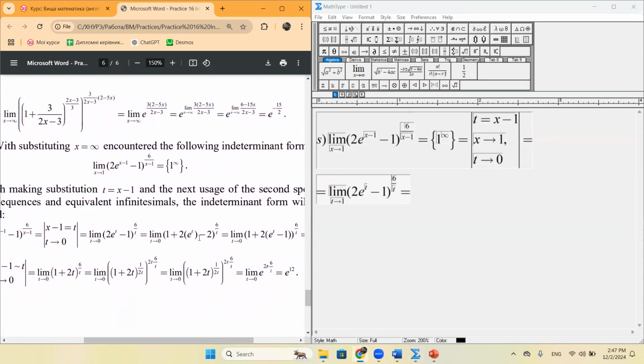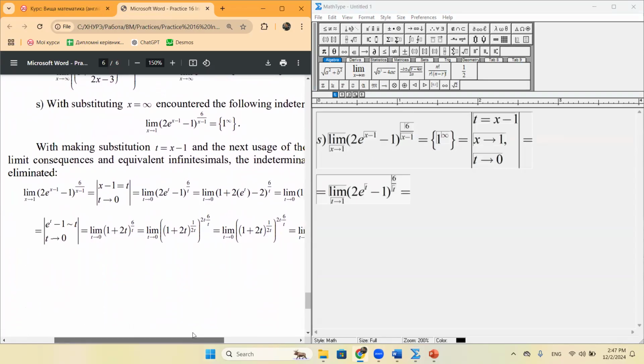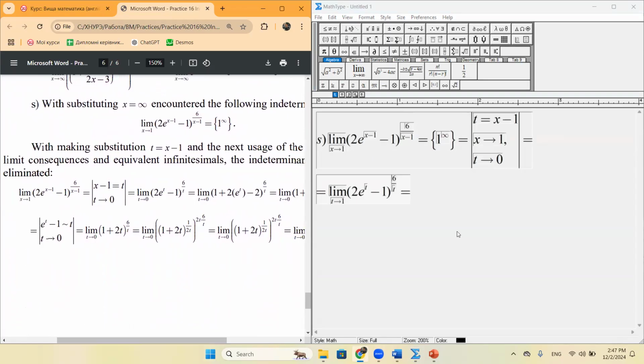So now what I do, I modify this analogically to the previous task. So I add 1 and subtract 1. And what I basically have is the following expression, 1 plus 2 times e in power of t minus 1. And in such cases, we also use infinitesimal equivalent functions.